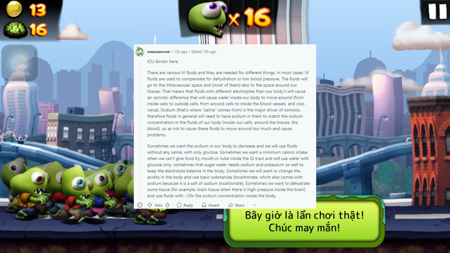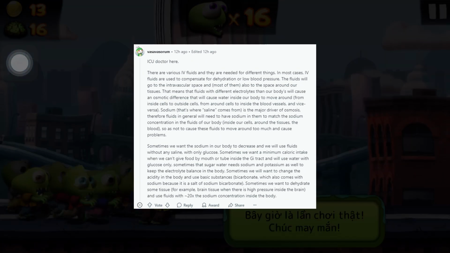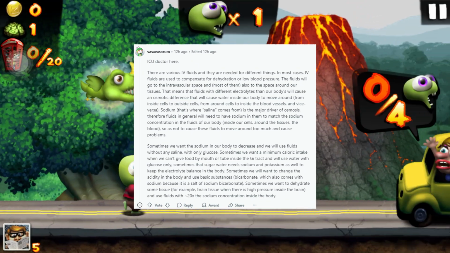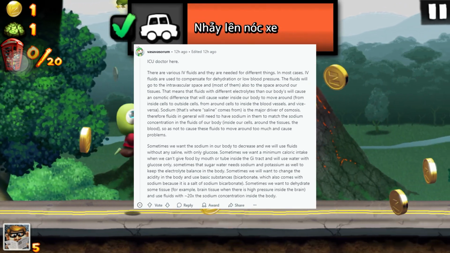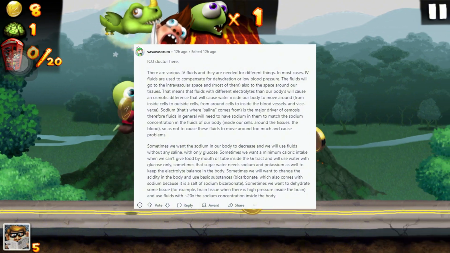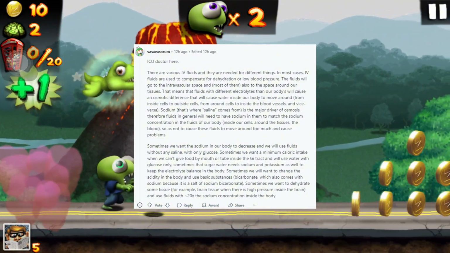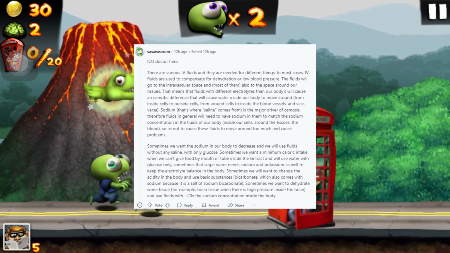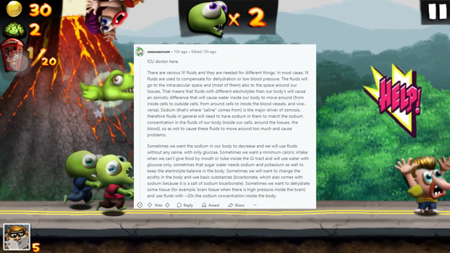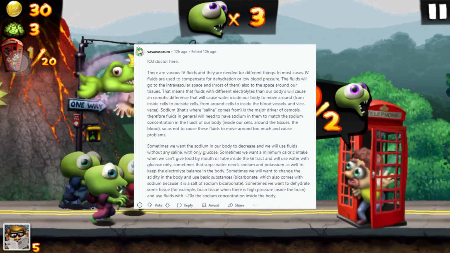Sometimes we will want to change the acidity in the body and use basic substances, bicarbonate, which also comes with sodium, because it is a salt of sodium bicarbonate. Sometimes we want to dehydrate some tissue, for example, brain tissue, when there is high pressure inside the brain, and use fluids with about 20 times the sodium concentration inside the body.